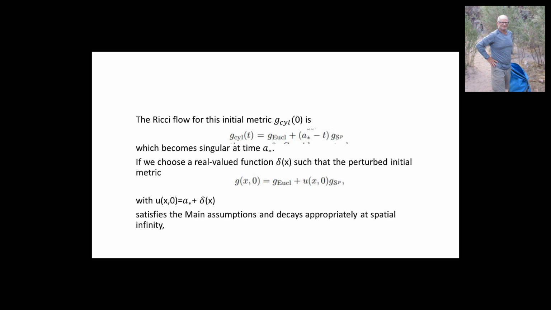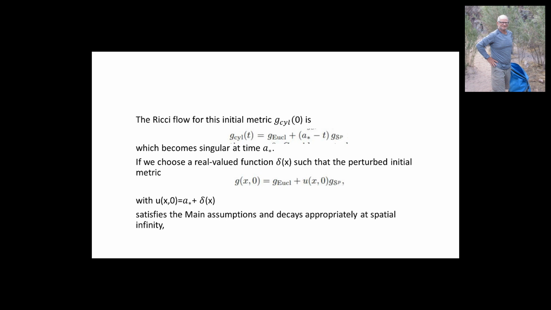Now, we choose a real-valued function, which we call delta, such that the perturbed initial metric, which I write in this form here, g(x, initial) is equal to the Euclidean metric plus the function u(x, initial) times the sphere metric, with the initial value given by A star plus delta.